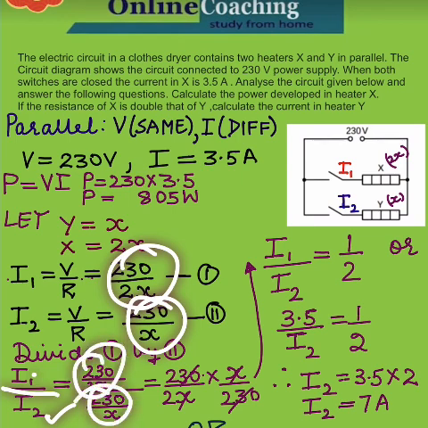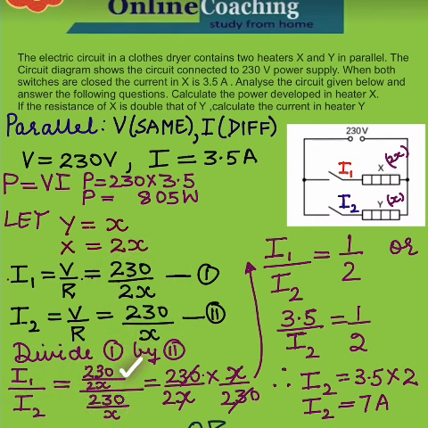Right children? Now look at this. I've put in the values over here, and then I will do further calculation. After doing the calculation, X is cancelled. So I'm left with I1 upon I2 is equal to 1 upon 2. Right children?